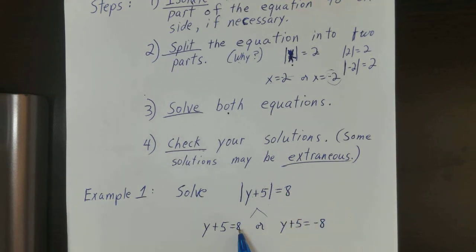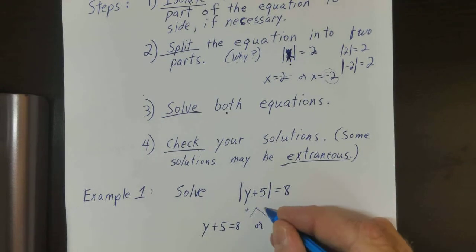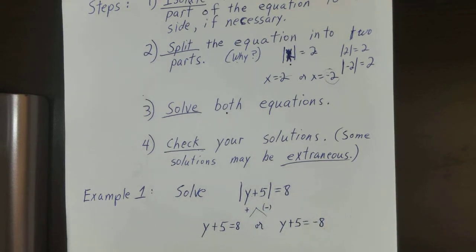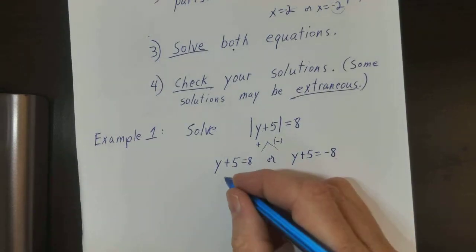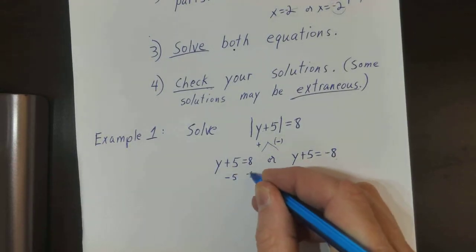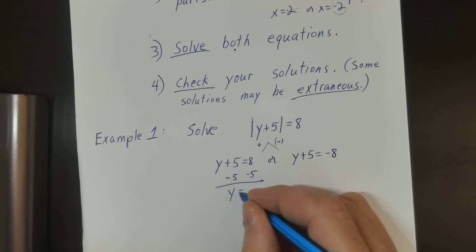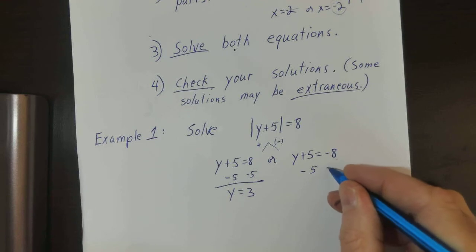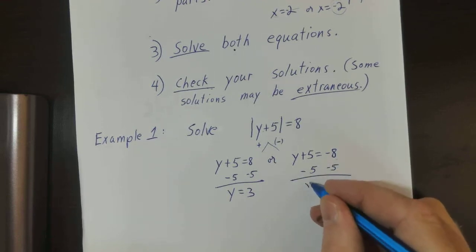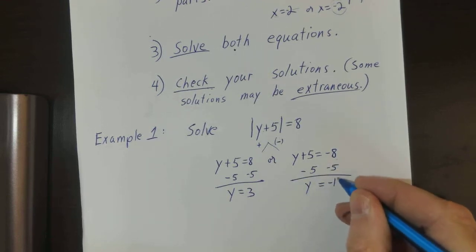So you split it into a positive side and into a negative side. And then we solve each part. I'm going to subtract 5 from both sides of this equation and have y equals 3. I'm going to subtract 5 from both sides of this equation, and I have y equals negative 13.